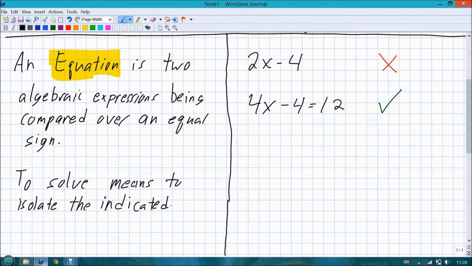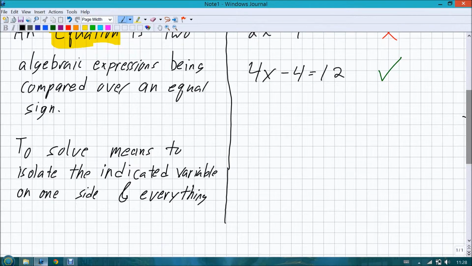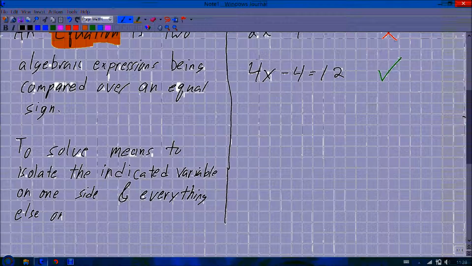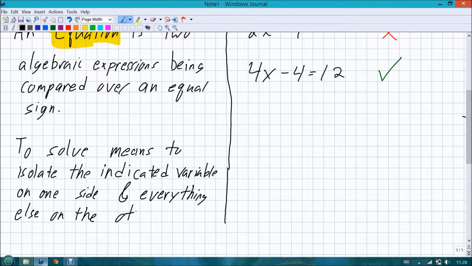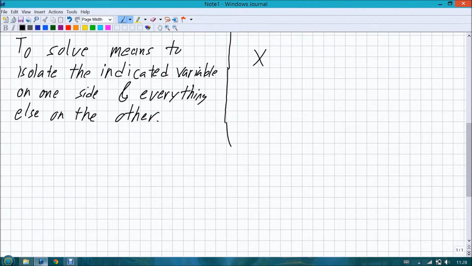To isolate the indicated variable on one side and everything else on the other. So what does that look like? Well, it looks like we have our indicated variable on one side and then everything else on the other side.